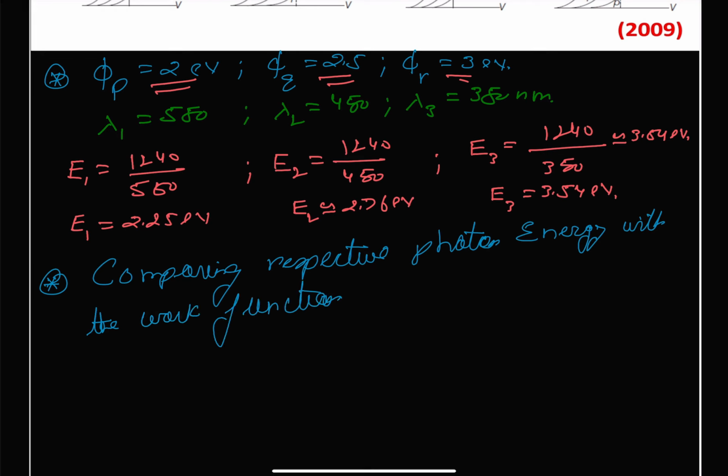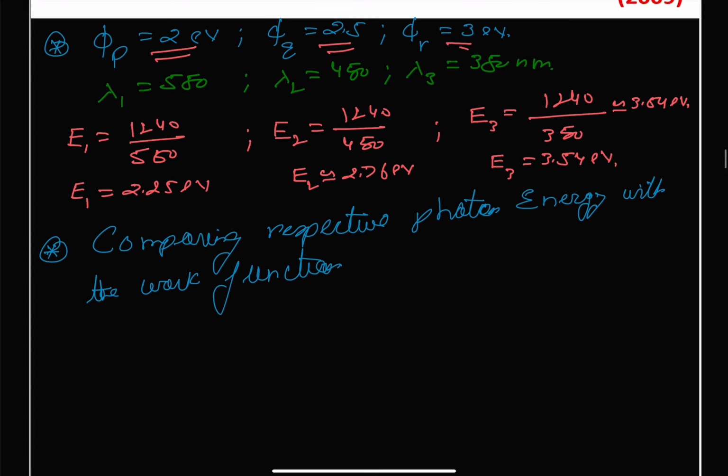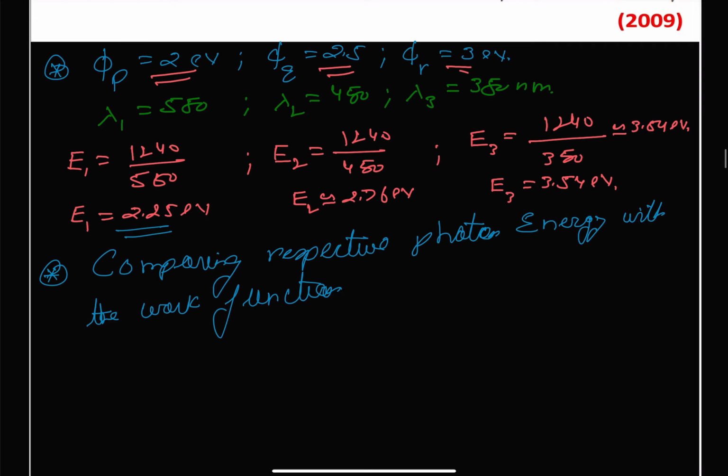So our E1 is 2.25, and the work function for plate P is 2 electron volt.